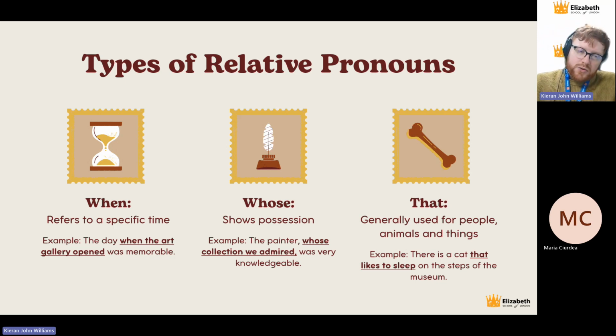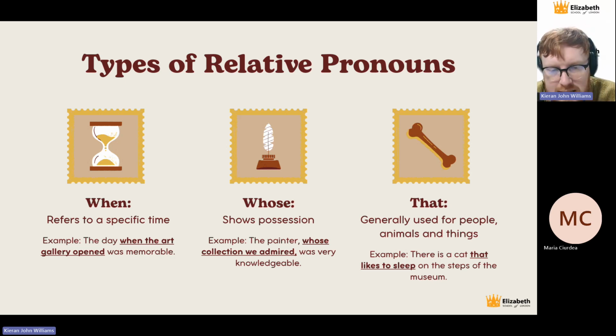So that leads us on to the last relative pronoun, which is that. And that is a useful one because it can talk about people, it can talk about animals, and it can talk about things. So we can use it for many different situations.